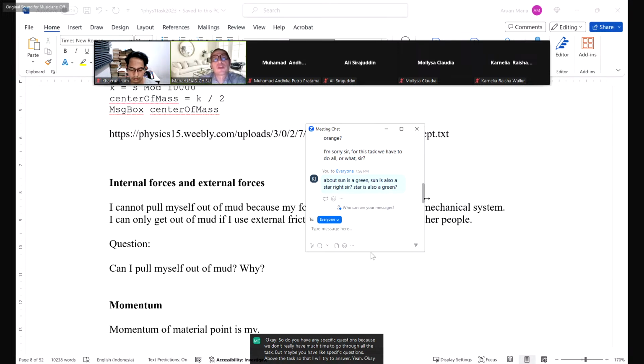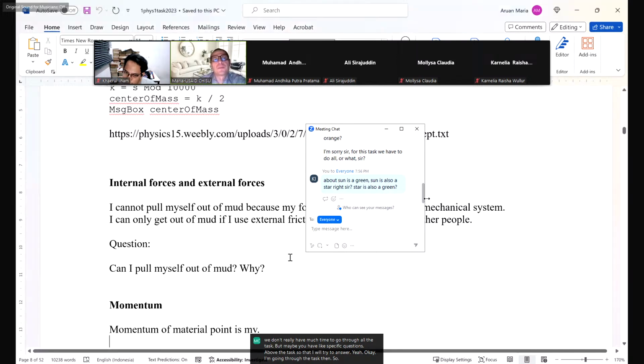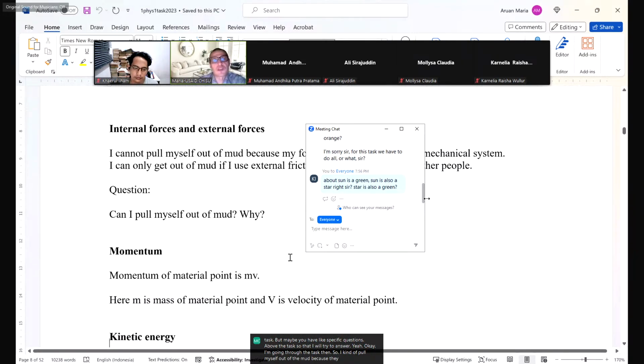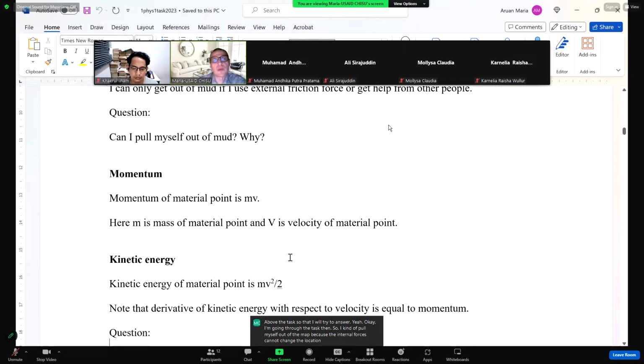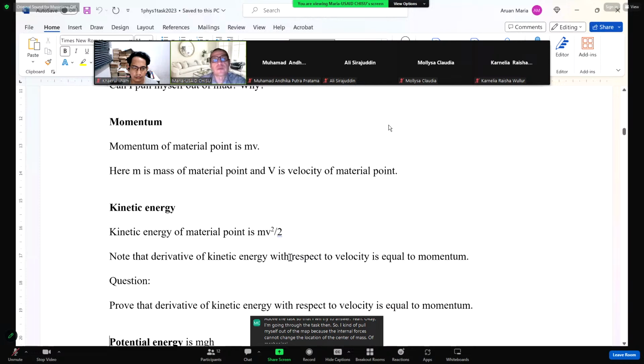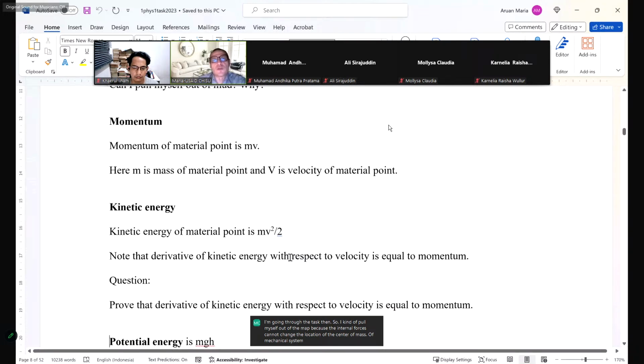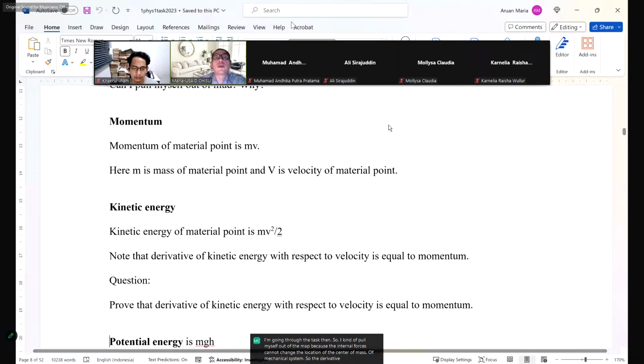Okay, I'm going through the task then. So I cannot pull myself out of the mud because the internal forces cannot change the location of the center of mass of a mechanical system. So the derivative of the kinetic energy with respect to velocity will be momentum, right?